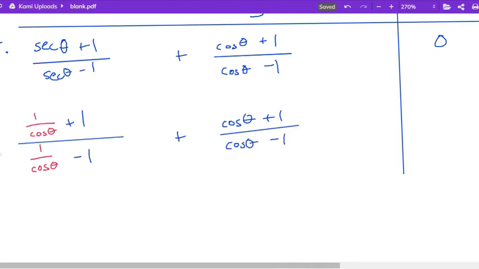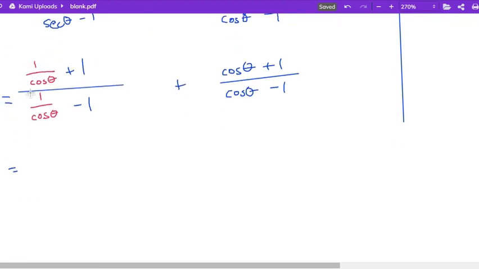So in this case, we're really just working with this first fraction. 1 is the same thing as cos theta over cos theta. Agreed? Actually, I'm going to break it down.